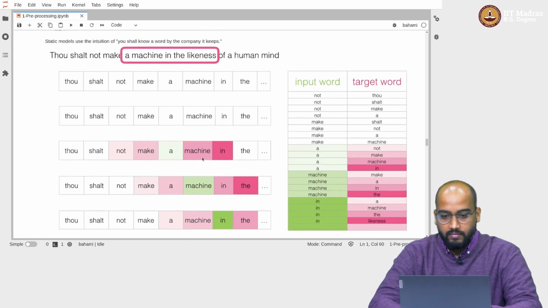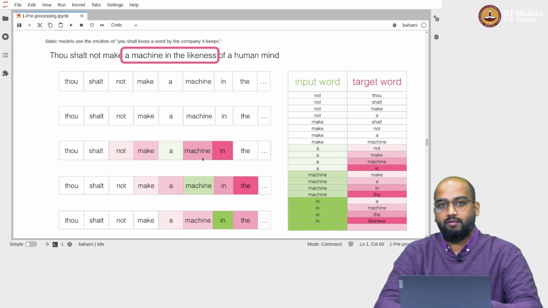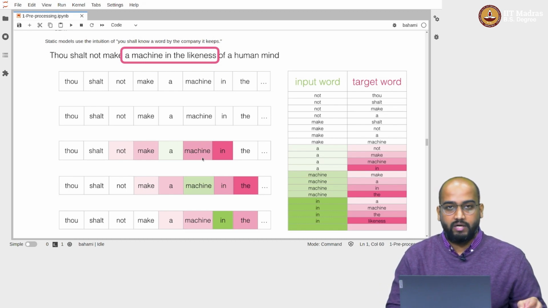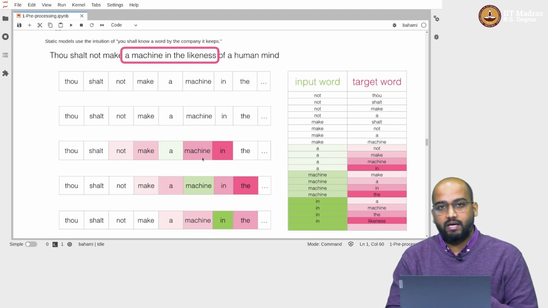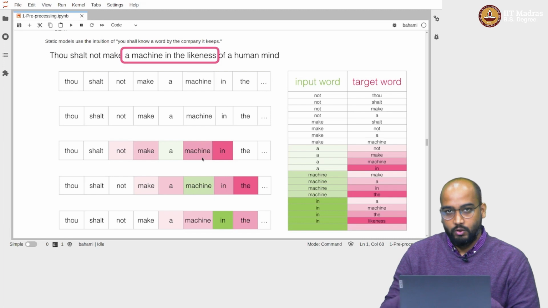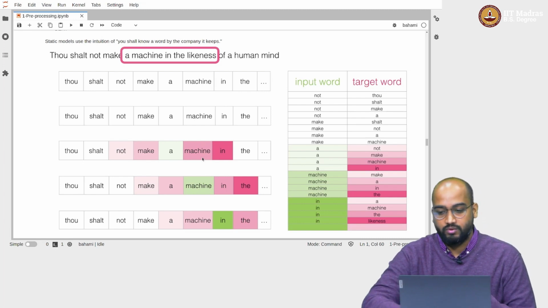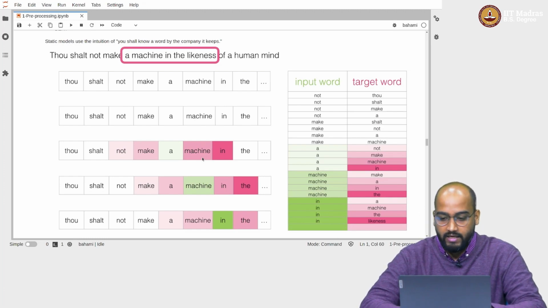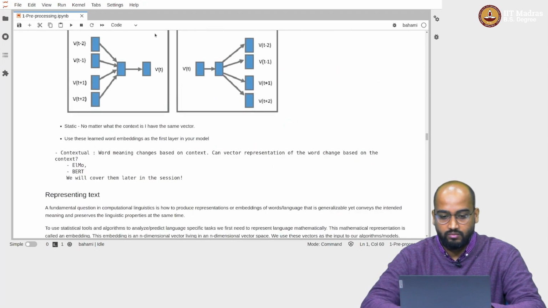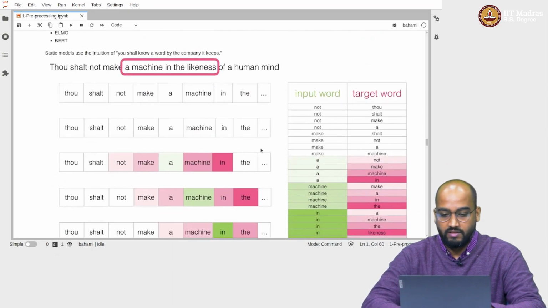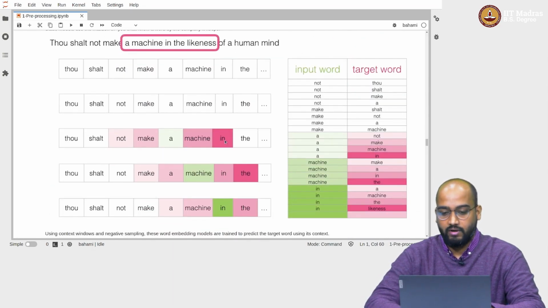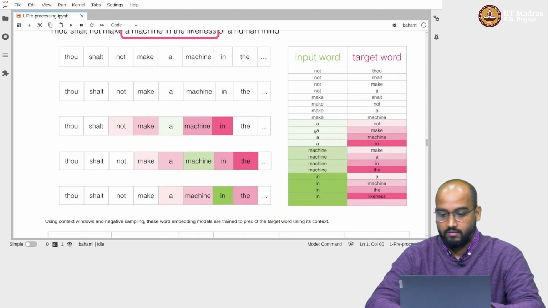If I'm able to predict the adjacent words given a word, or given the adjacent words, if I'm able to predict the central word, and if I'm getting good at this, that means that I'm learning something about the words, right? That's the intuition here. And by training these two methods, this is essentially the game you're playing, right? Input word, target word, input word, target word.